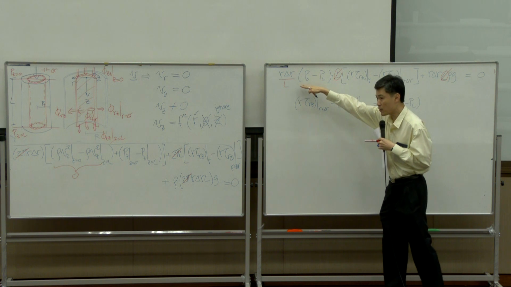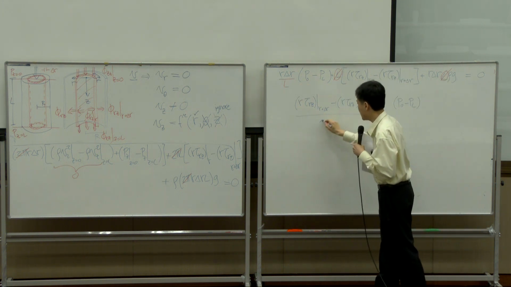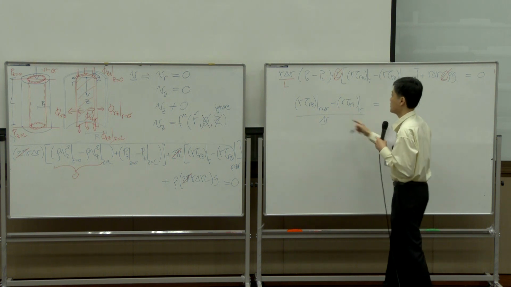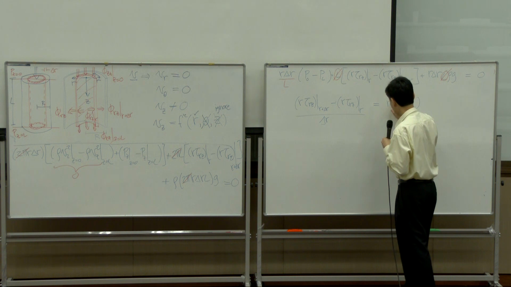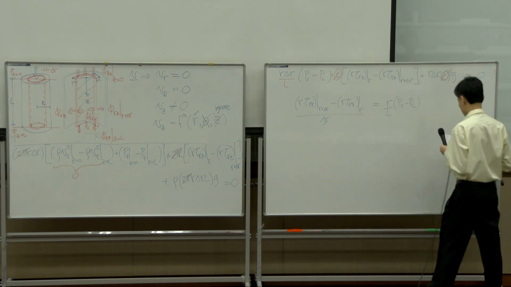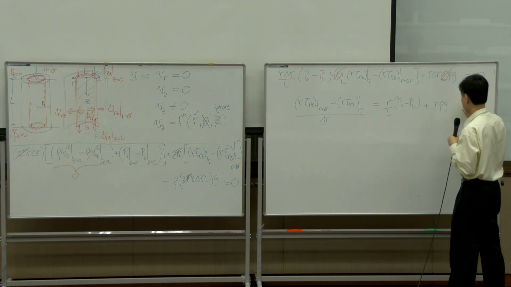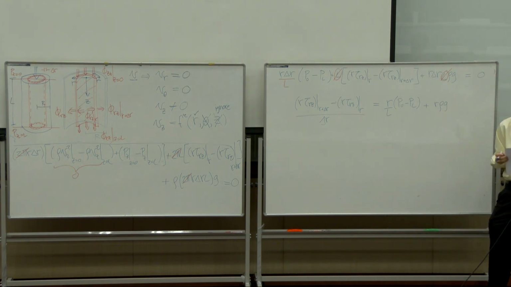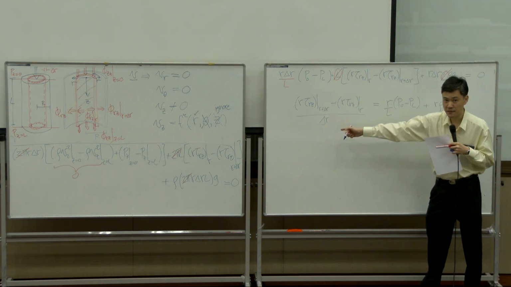If I divide the whole equation by delta R, I will have denominator here to be delta R. Delta R here will be canceled out. So there will be R over L plus R rho G. And this would follow the definition of differentiation.